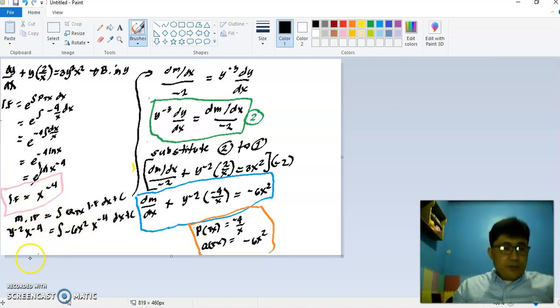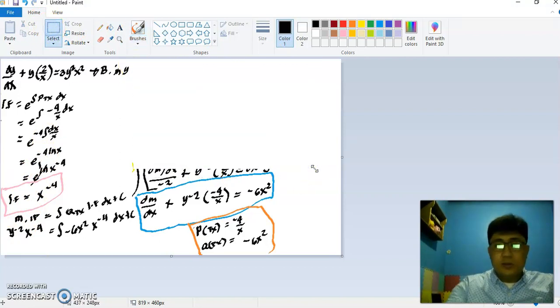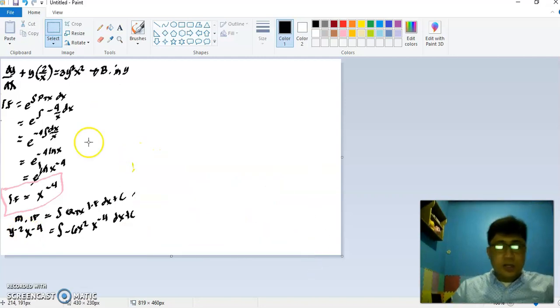So we already have our Q(x), integrating factor, and m. So I actually can delete this one already. We could continue it here.